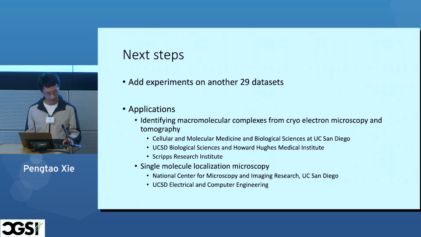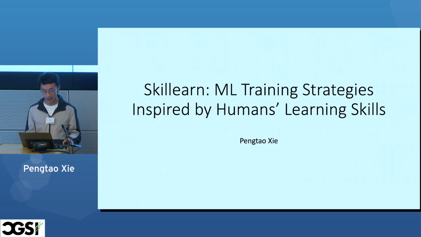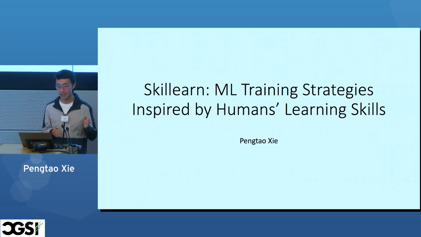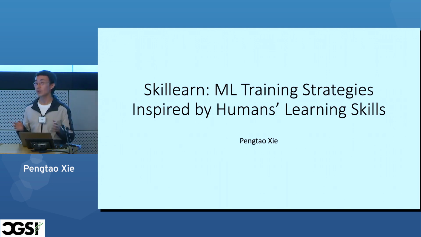So I guess I have maybe 2 or 3 minutes. I also want to briefly mention something that is general. What I discussed is basically a special case of a more general project that my group has been working on in the past 3 years.